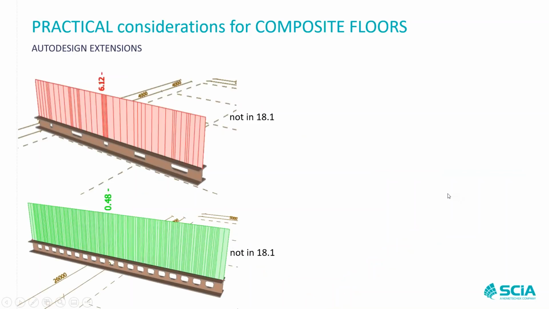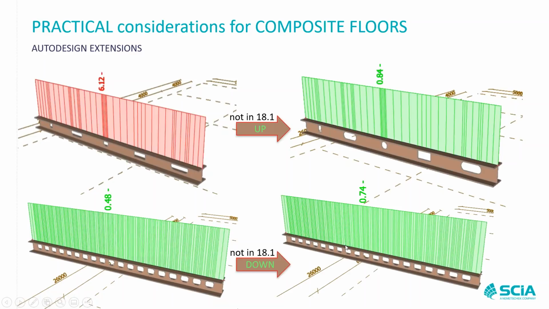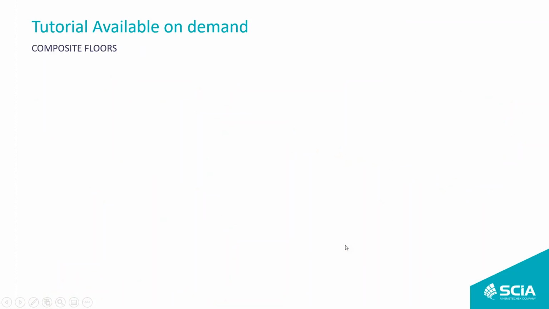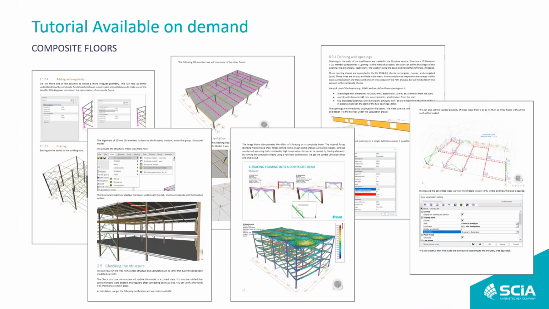Examples of beams that were not possible to auto-design in version 18.1 now work without a problem; SCIA is able to find a solution. And because this is a lot of information for people who haven't used the composite module, if you're interested, there exists a tutorial where the modeling, the analysis, the design, and also nonlinear analysis, stability analysis, and certain details of these functionalities are explained.